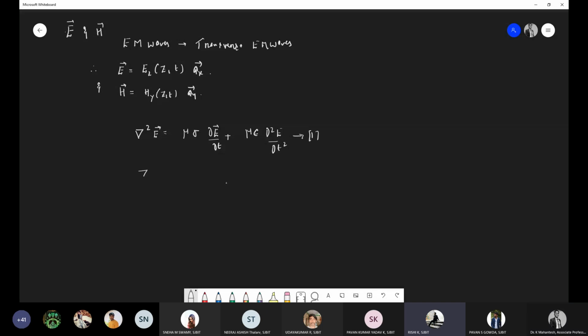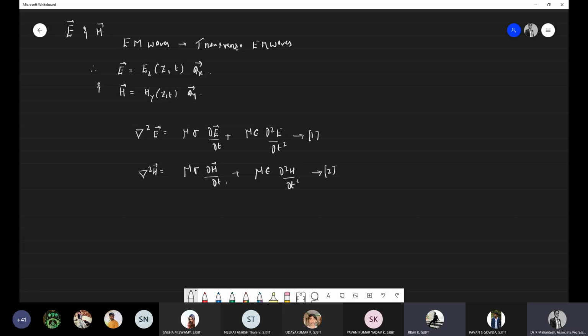And del square H is equal to the same coefficients, mu sigma dou H by dou T plus mu epsilon dou square H by dou T square. Call this as equation number 2.